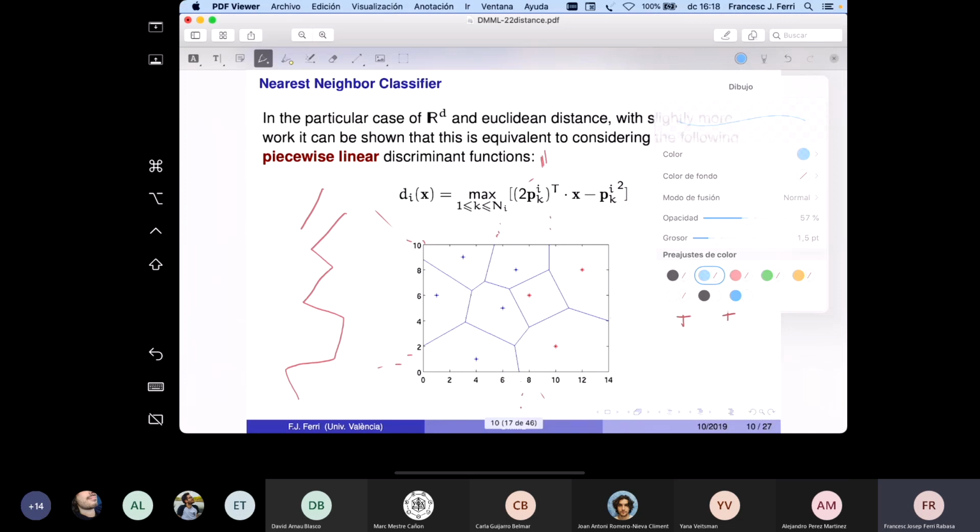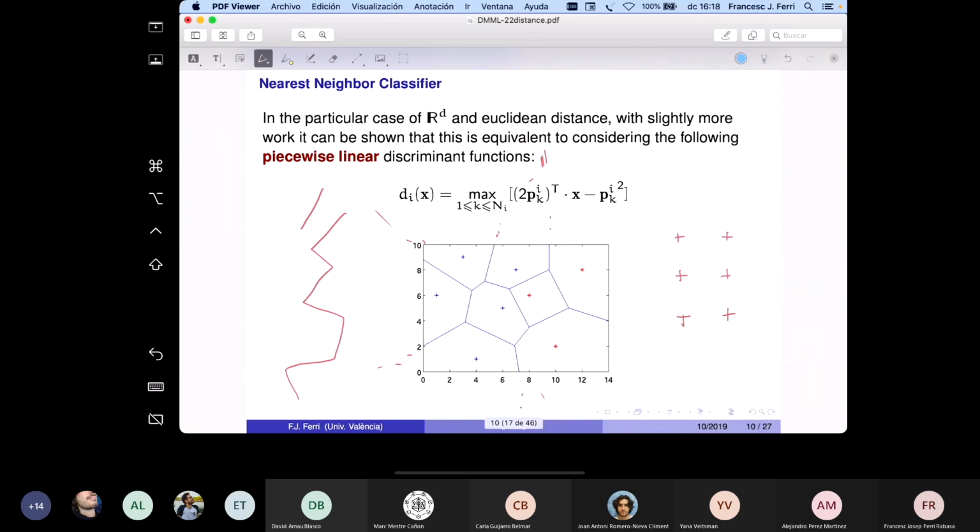How would be this Voronoi diagram of these 6 points? Any idea?